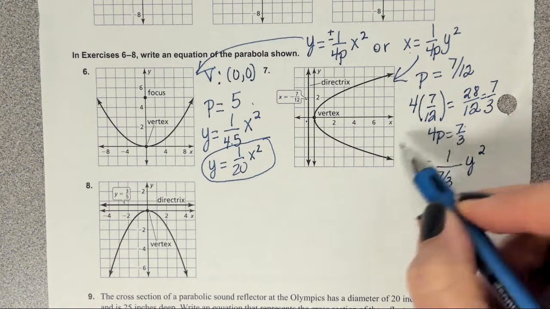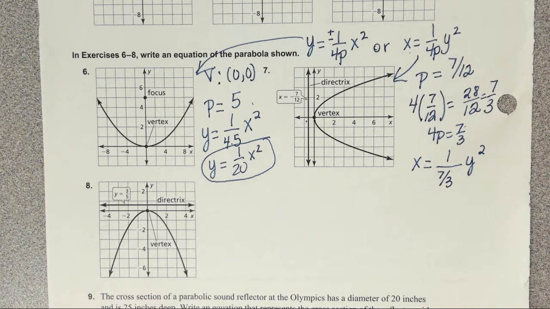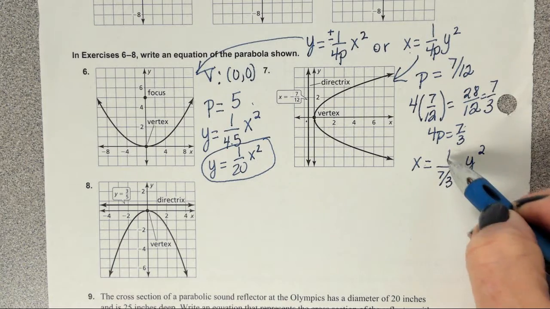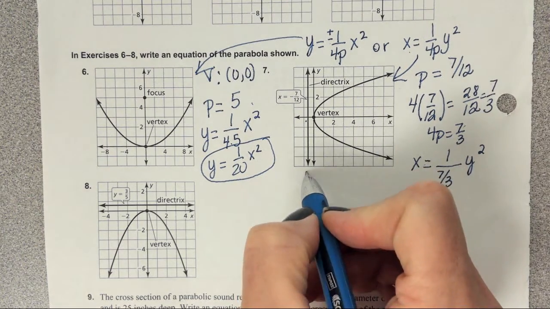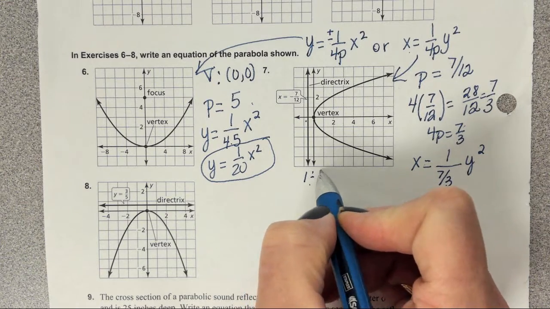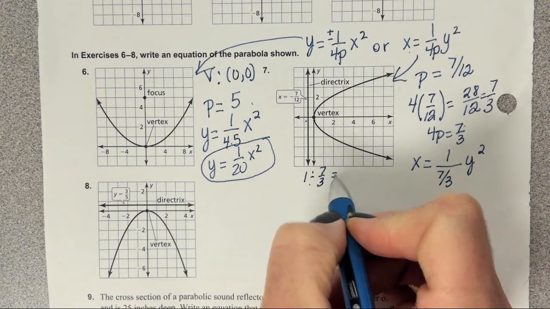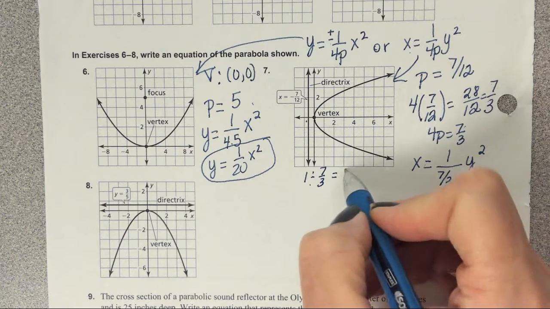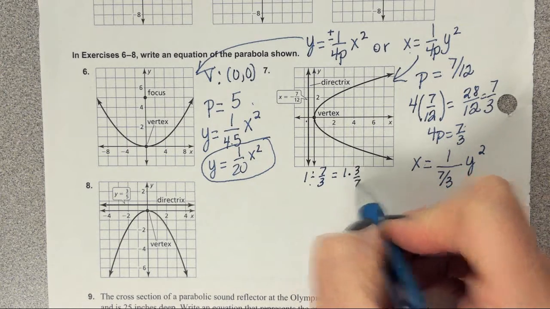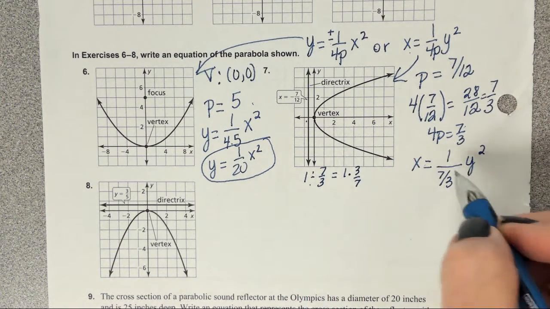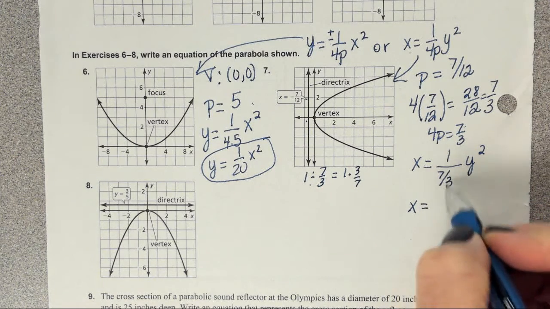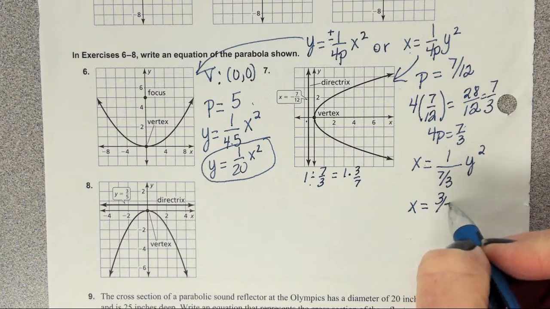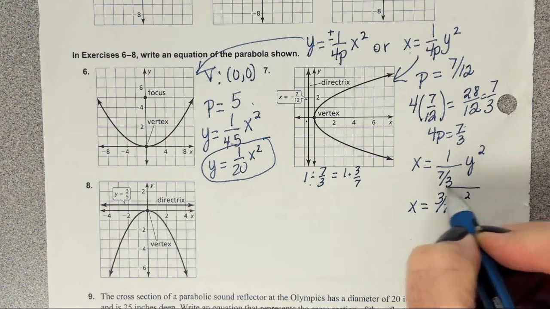This is the correct equation, but it really isn't in a great form because we usually don't want to have a fraction within a fraction. So think about what this means. It means 1 divided by 7 thirds. Well, that's the same thing as 1 times 3 sevenths. So instead of writing this as 1 divided by 7 thirds, it makes more sense to call it x equals 3 sevenths y squared.